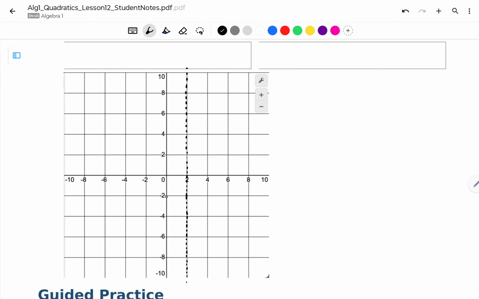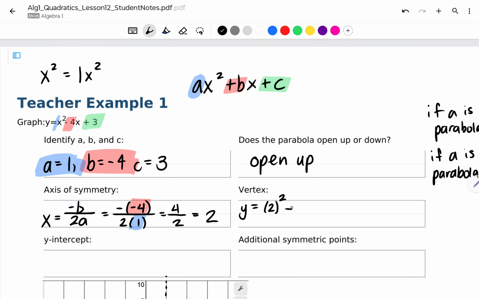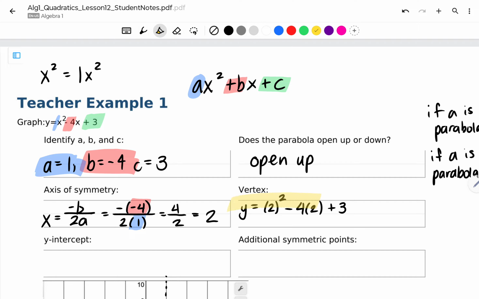So for the vertex, when x is 2, we have to figure out what y coordinate is going to get us a vertex. So when x is 2, I'm going to plug it into this equation here: y equals 2 squared minus 4 times 2, plus 3. Again, I got this equation from here, right?